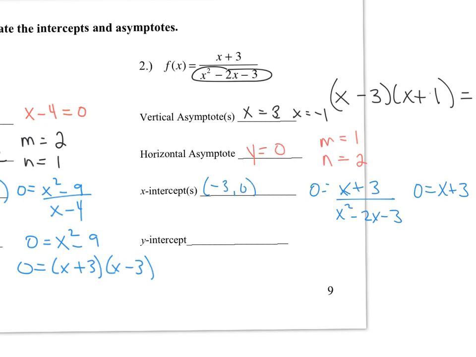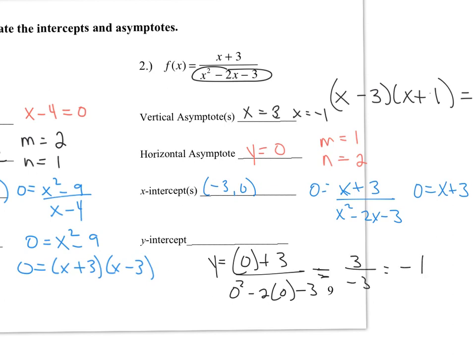And then the last one is your y-intercept, which is when you set x equal to 0. So we'll have 0 plus 3 divided by 0 squared minus 2 times 0 minus 3. Simplifying that, we get 3 divided by -3, which is -1 for the y-intercept.